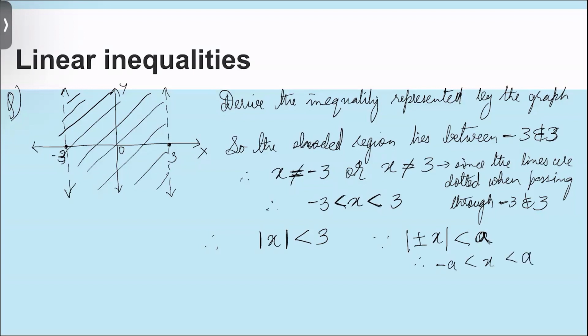Now, suppose the condition given to you is that x is greater than -3 and x is less than 3, and also your x will be equal to -3 and x is also equal to 3.